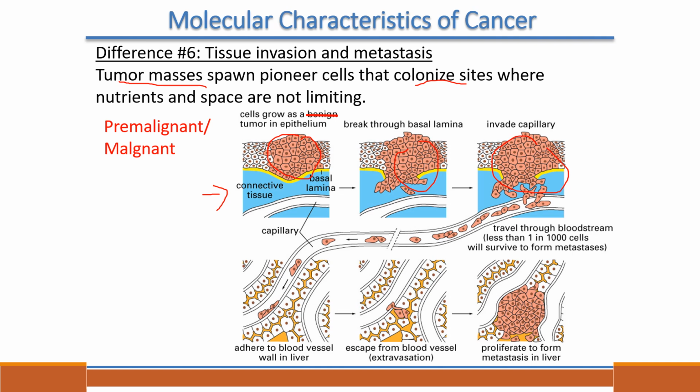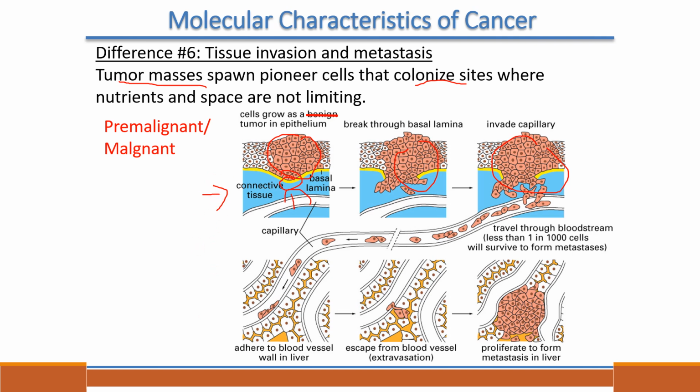When that happens, they can move to a different region. They go from benign to premalignant or malignant, and to do that, they have to break this basal membrane. The basal membrane here needs to be broken, as is shown here.